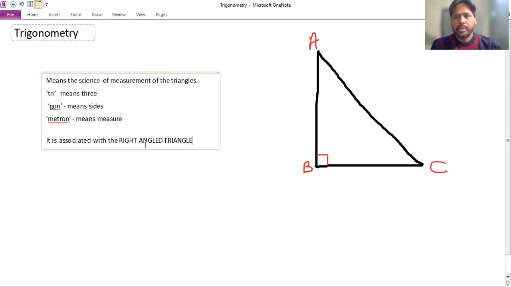So we should always keep in mind that while dealing with trigonometry, somehow or other, we are trying to associate all the measurements in terms of a right angled triangle.